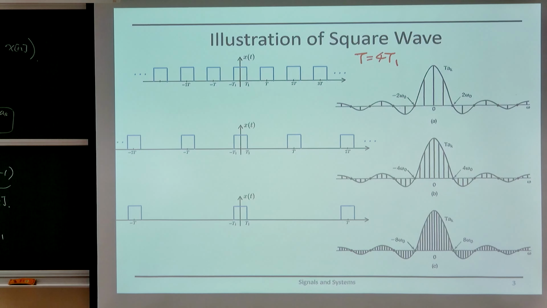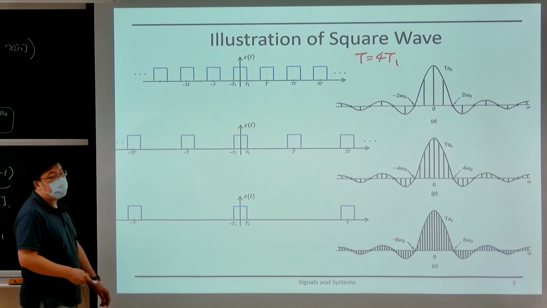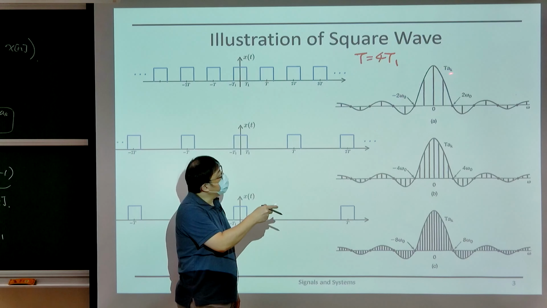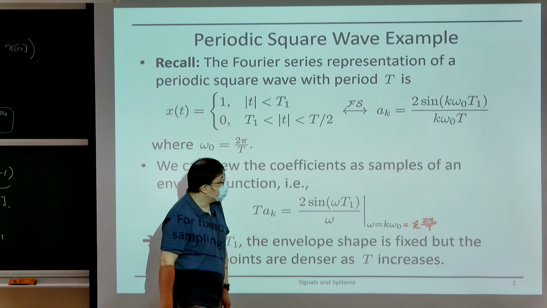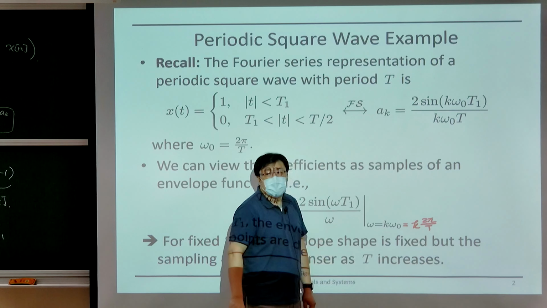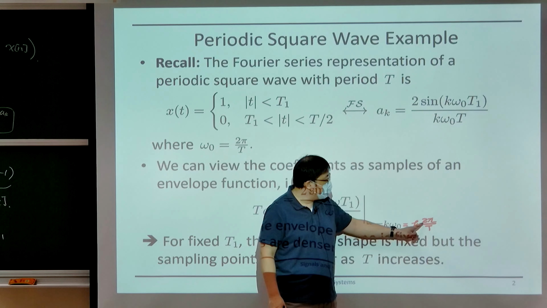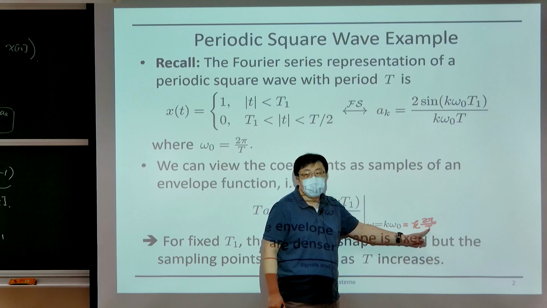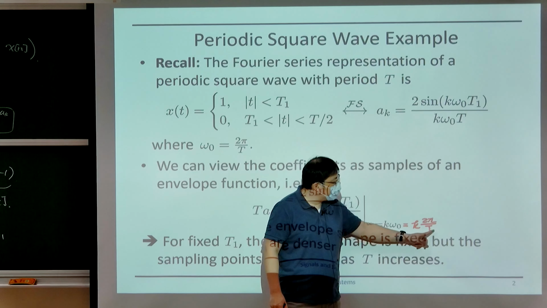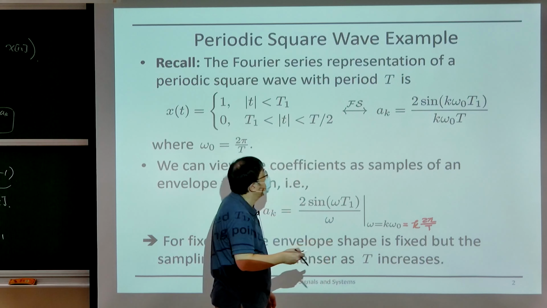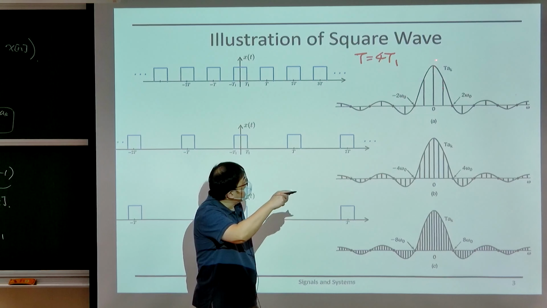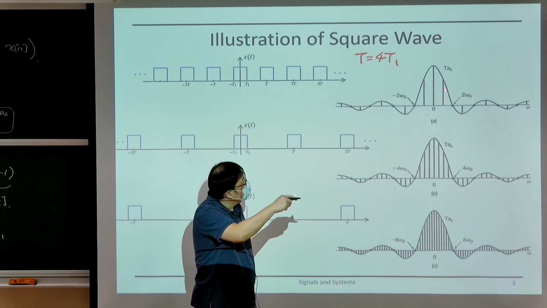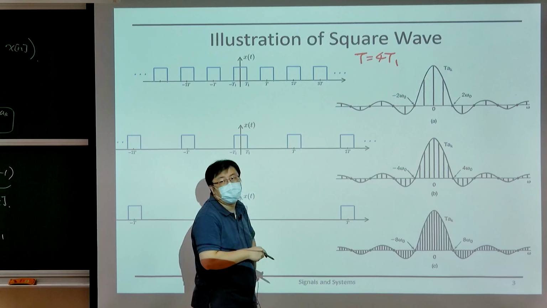In this case, this T a_k, which is this thing here, will be sampled at integer multiples of 2 pi over 4t1, or let's say pi over 2t1. So you would be taking samples at 0, omega naught, 2 omega naught, 3 omega naught, and so forth, okay?